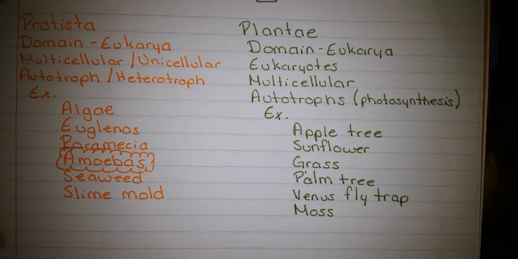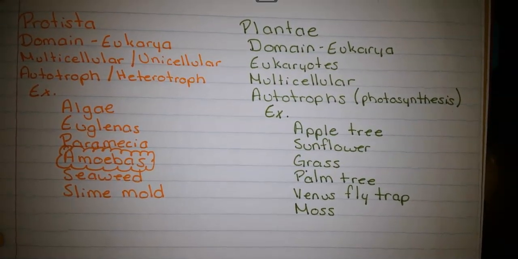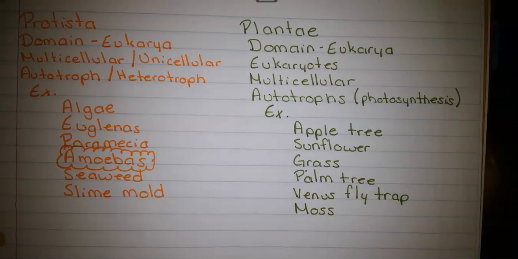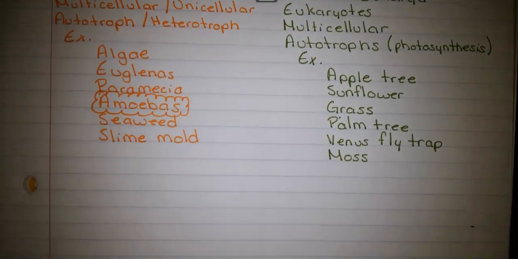Our next kingdom. So now we already have 4. We've got Archaebacteria, Eubacteria, Protista, Plantae. Okay, now moving on to our next 4.